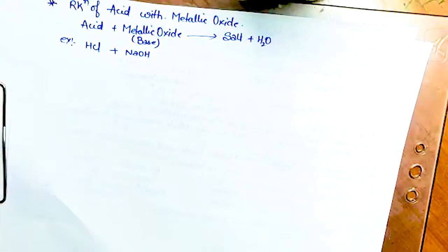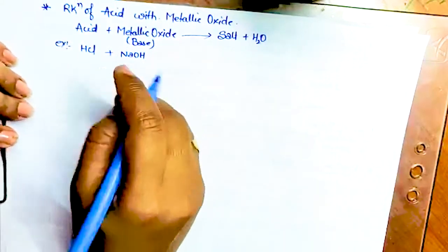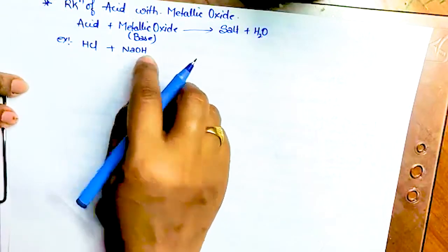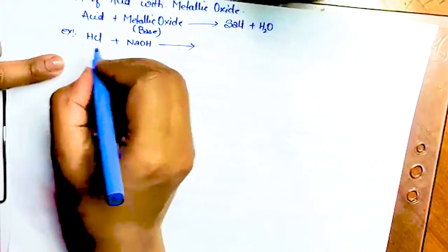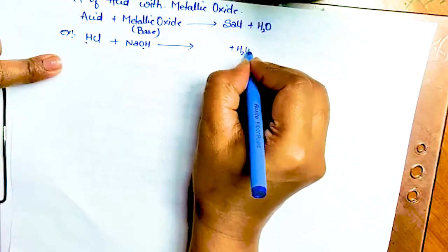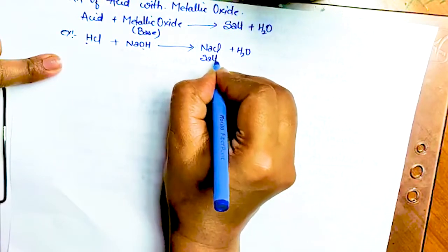Whenever we talk about an acid acting as an acid, and a base acting as a base, it must be dissolved in water, isn't it? So that's why we assume it is dissolved in water, and that's why it forms NaOH. So what will it form? This H and this OH will come out as water, and it will form NaCl, a salt. Isn't it?